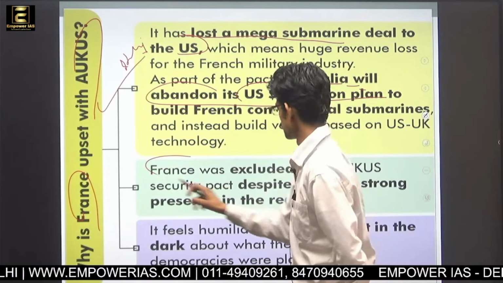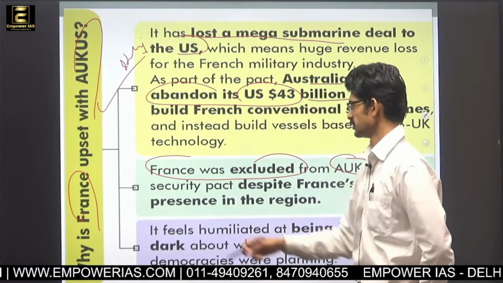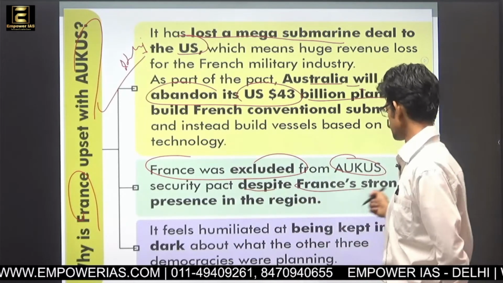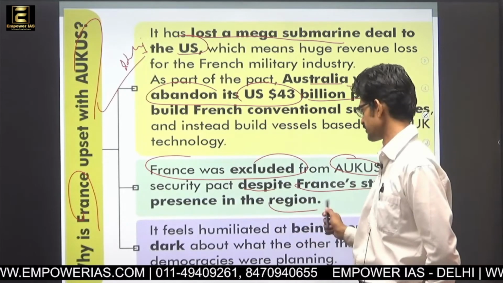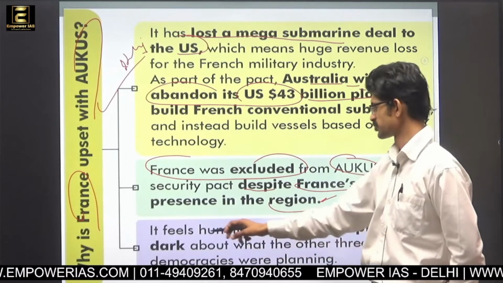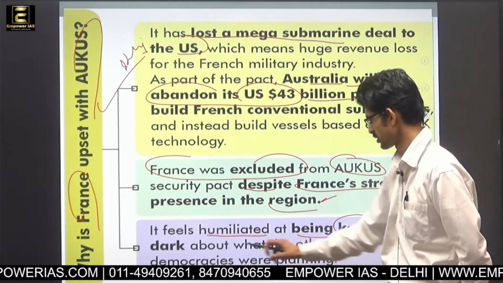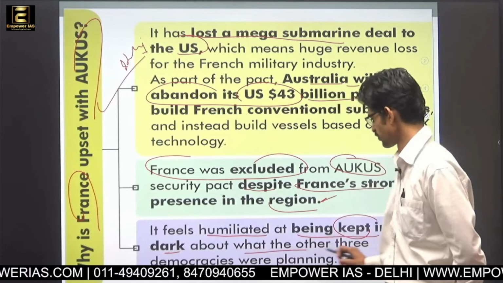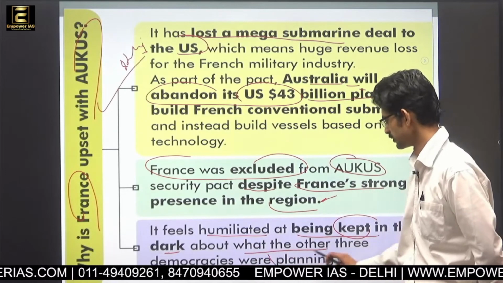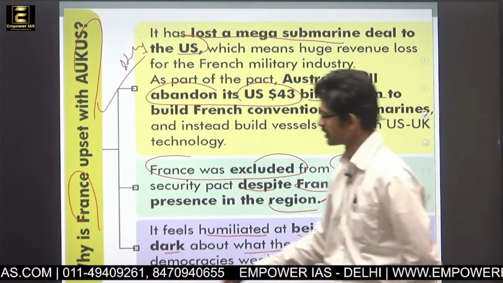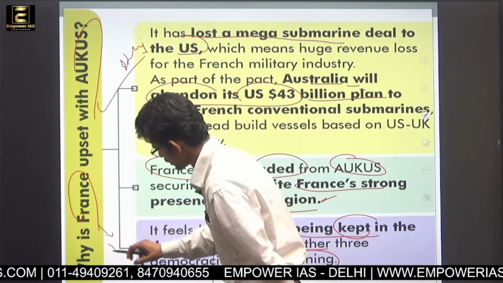Then France was excluded from the AUKUS security pact despite France's strong presence in the region. It feels humiliated and kept in the dark about the planning programs. So that is why France is facing betrayal.